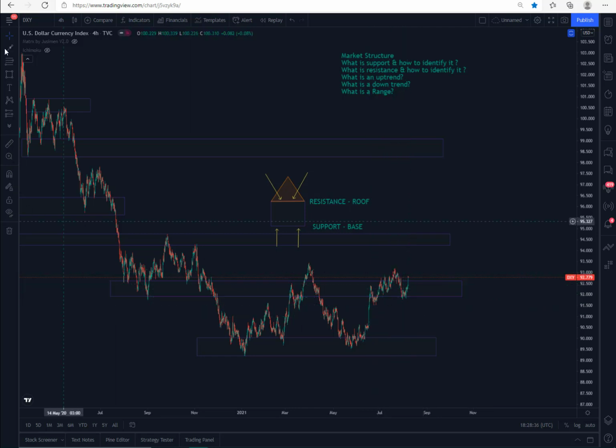If price should find support here, this would be our next target area for the price. So if we find support here, we're going to be targeting the range of $94.2 to $94.7 as our next price target.